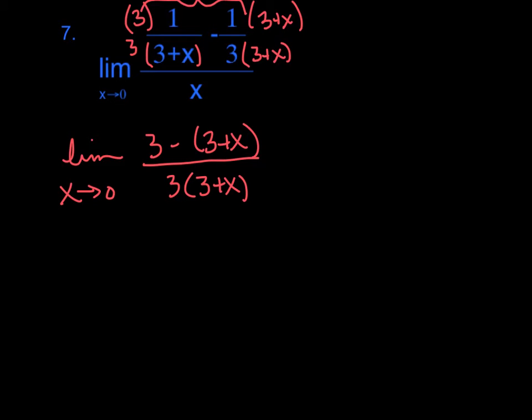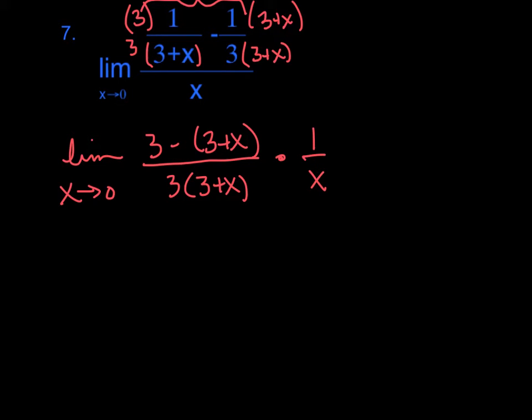Please keep in mind that what I just wrote in red is technically being divided by x. If I divide something by x, that's the same thing as multiplying by its reciprocal. So I'm going to just bring that down instead. Let's take this numerator, distribute this negative through, and simplify.